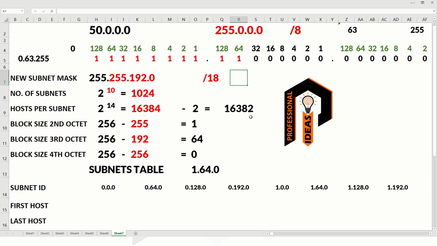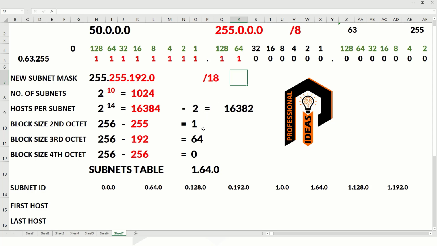Note that we are getting a block size of 1 from the second octet, 64 from the third and 0 from the fourth octet. Since we have borrowed 2 bits from the third octet, by raising the power of 2 to 2, we get 4 subnets in the third octet for each value of the second octet.